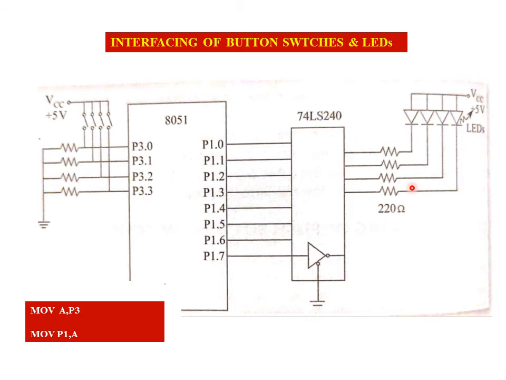The resistors presented here handle the current, and then that particular LED is displayed. Like that, port 3 and port 1 of the 8051 microcontroller are used to read data from the input devices and produce data to the output devices.